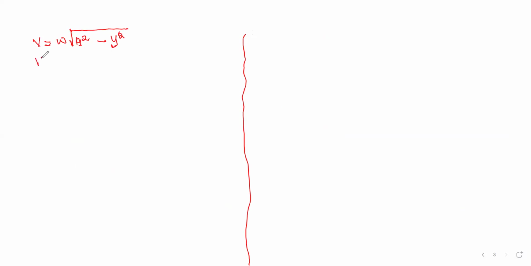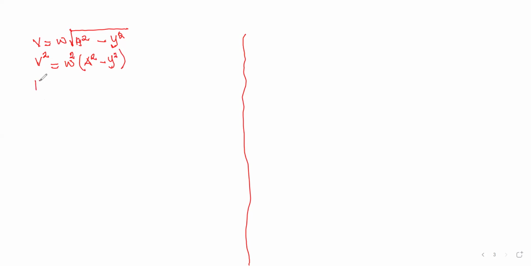When we square both sides, v squared is omega squared times a squared minus y squared.